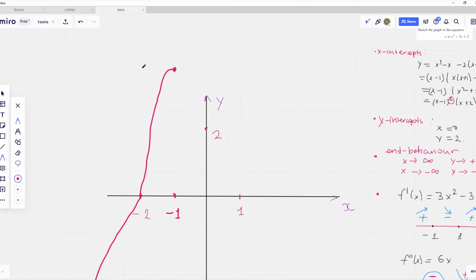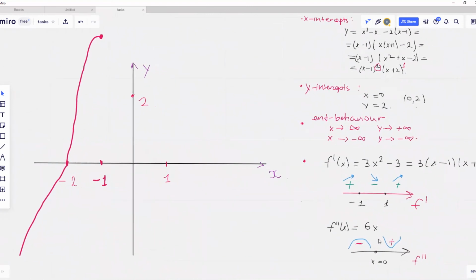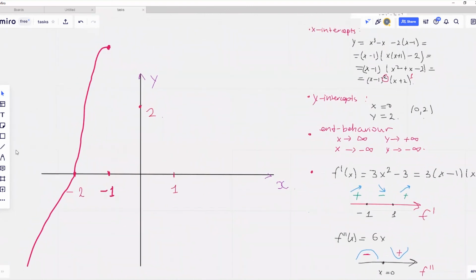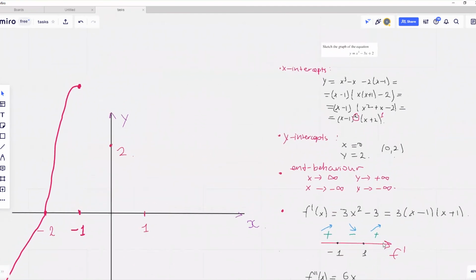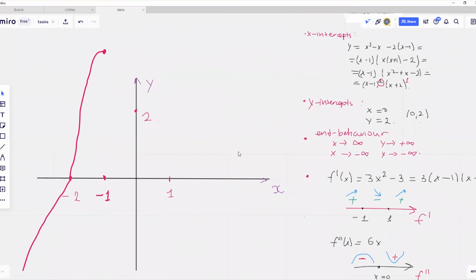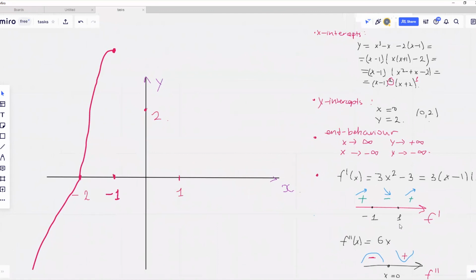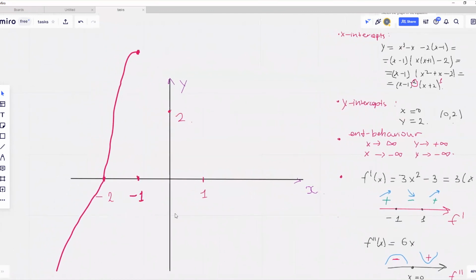At point x is equal to -1, we have a stationary point, after which our function is decreasing up to point x is equal to 1. Let's find the y coordinate at x is equal to 1. If we substitute 1 here, this is 1 minus 3 plus 2. So this is 0. Oh, yes, at point x is equal to 1, we have an x-intercept, right?